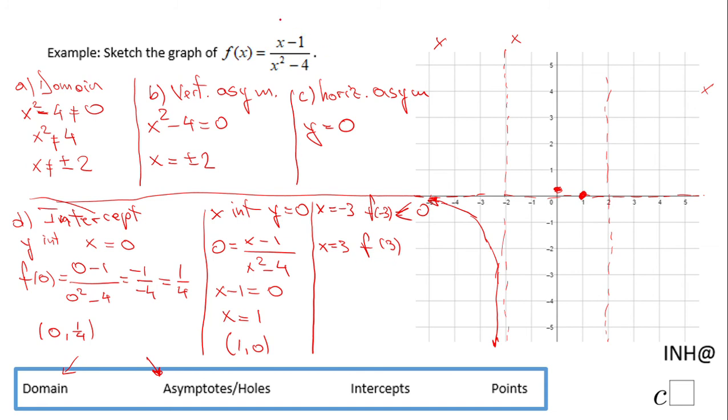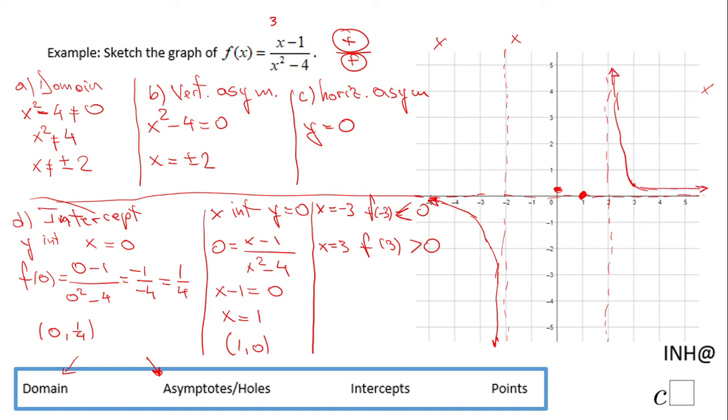So we have 3 minus 1 here, which is going to be a positive number. 3 squared is 9, minus 4 is a positive number. That's going to be a positive outcome here. You can evaluate it if you want, but we don't really need it, like I said. So that tells you this is the way the graph is going to go.